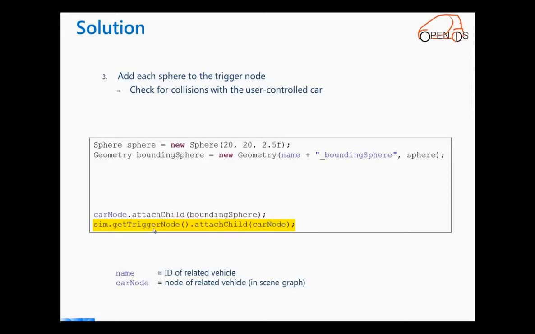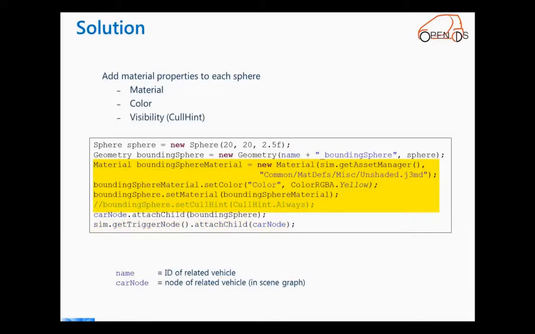These are just some additional properties that are required for the description of the material. First of all, we have to create a new material that is unshaded, and we use the method setColor to set the color property to yellow. After we have created a yellow material, we set the material to this one.